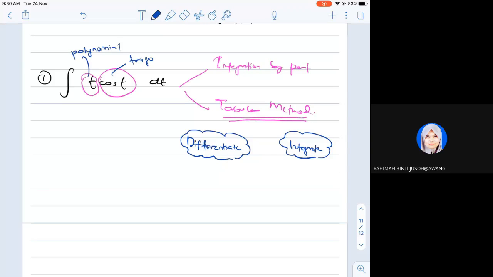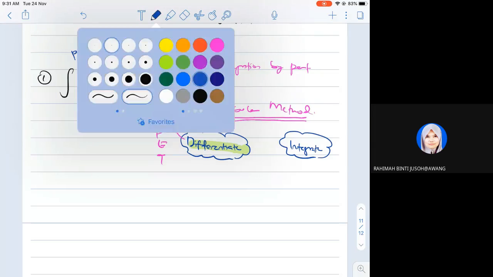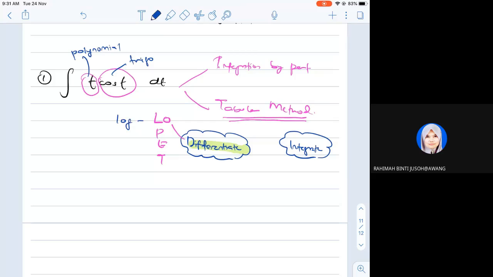In order to choose which function to differentiate, we should consider LOPET order, where LO stands for log, P is for polynomial, exponential, and T is for trigo.